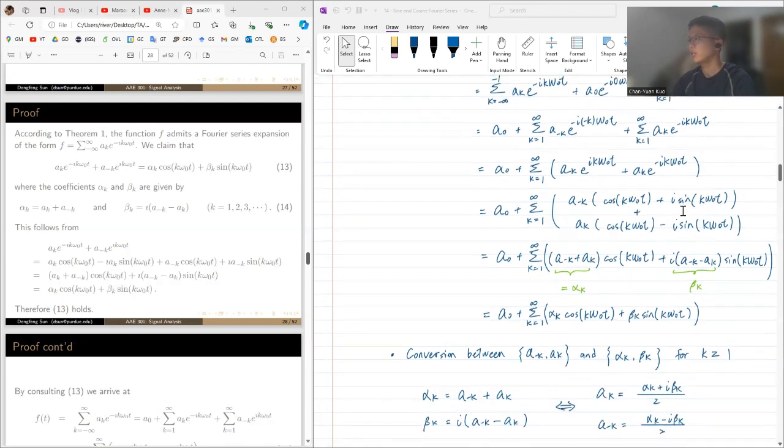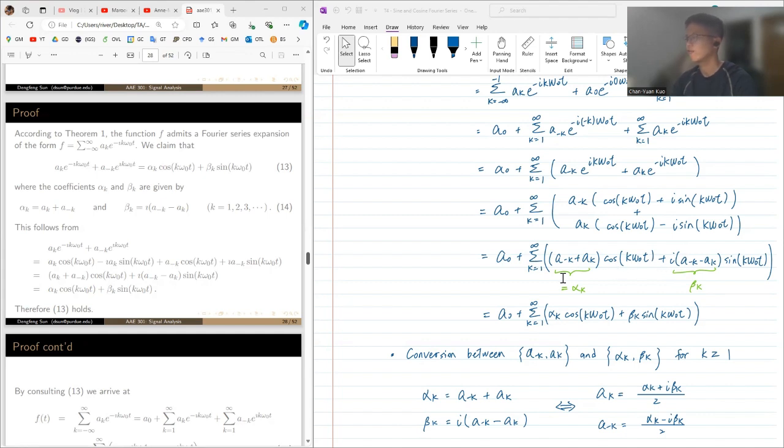Now we will expand these products, and we will combine the coefficients associated with cosine of k omega naught t. We will do the same for sine of k omega naught t. The coefficient for cosine of k omega naught t in the end will be a negative k plus a_k. And the coefficient for sine of k omega naught t will be i times a negative k minus a_k.